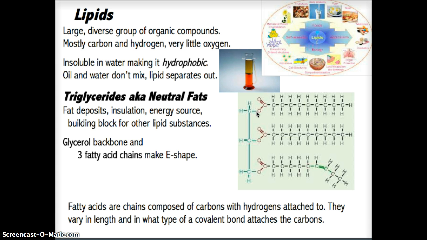And fatty acid chains are basically carbon, carbon, carbon, carbon, carbon with some hydrogens attached to it. Many different types of length of carbons. The amount of carbons is one feature, but then also what is important is to note if there's single bonds like here, or if there are some double bonds like here.